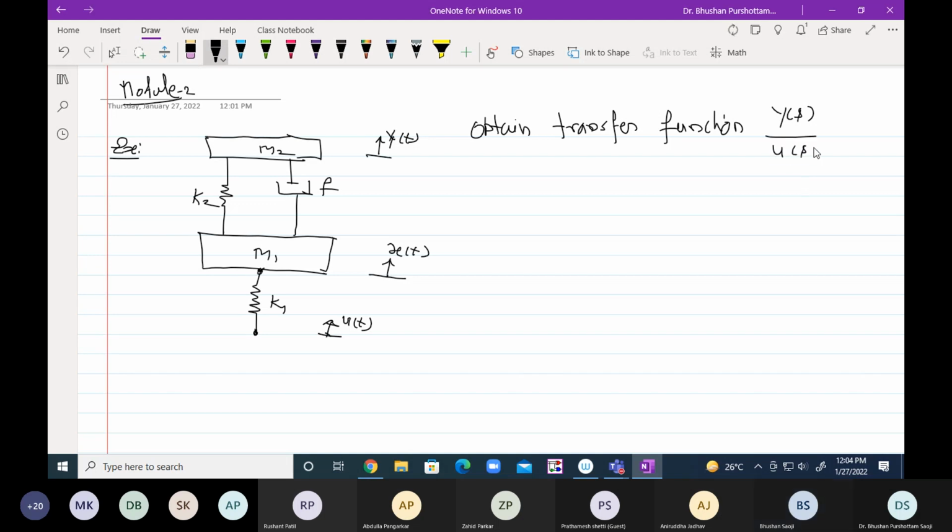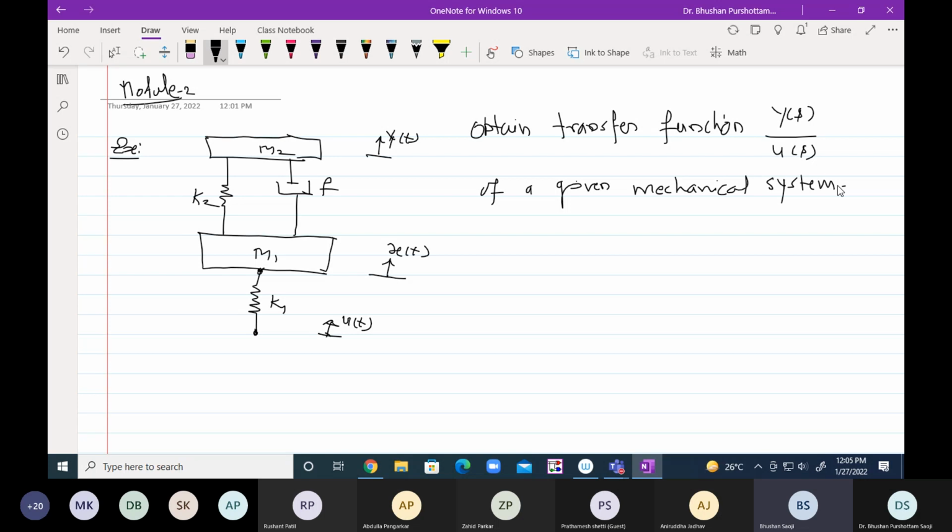Y of s divided by U of s of a given system must meet the given criteria. So you decide and discuss on all the criteria and all the factors, and then you go on to the stage.